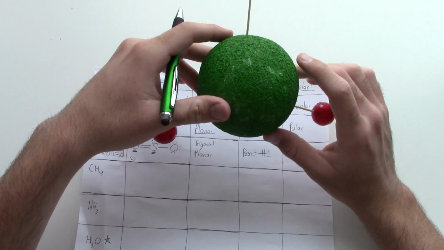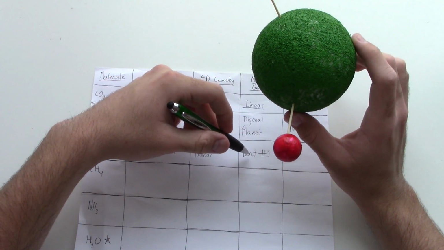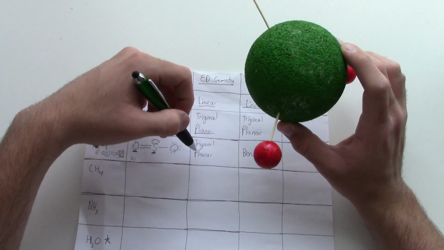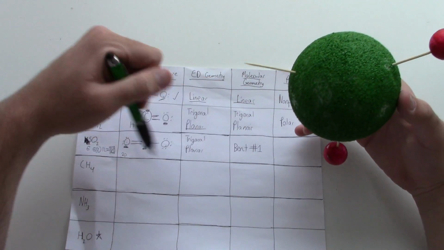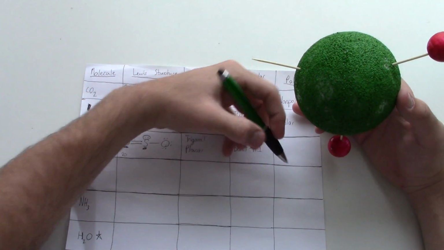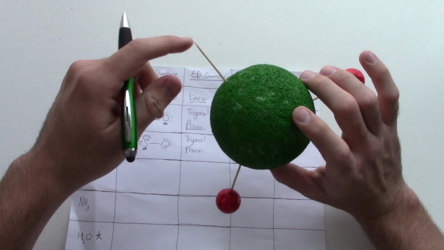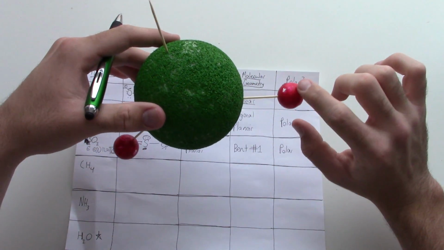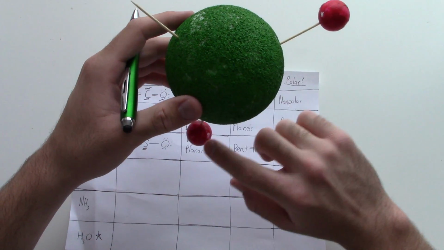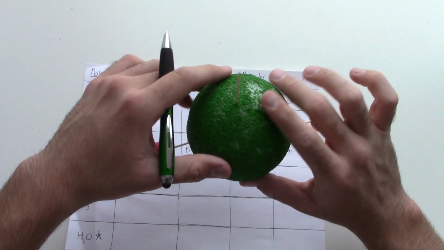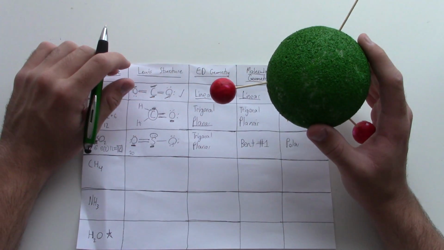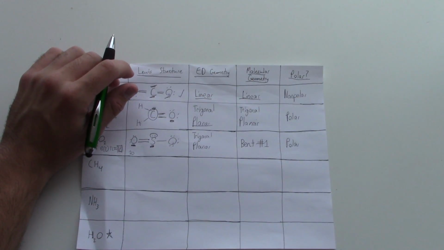So this molecular geometry is bent, and this electron domain geometry is still trigonal planar. So, is sulfur dioxide polar? The answer is yes, it is, for reasons that we explained above. The lone pair combined with these two oxygens, even though they're the same type of atom, won't cancel out, so there will be a net dipole moment.